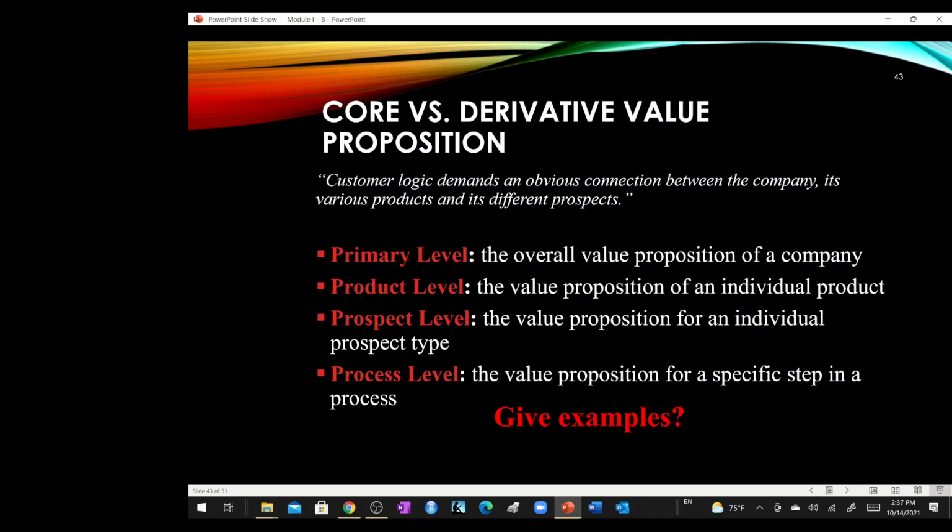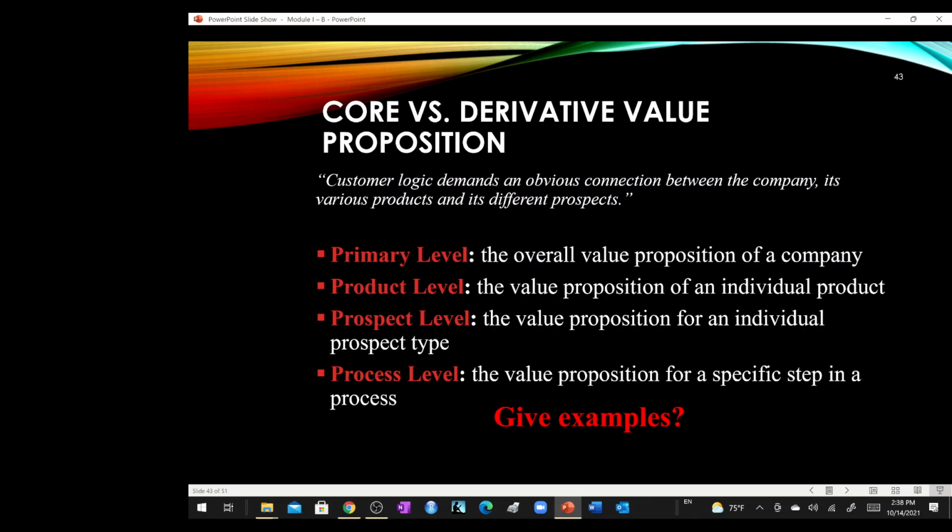I think the process level, you understood, is the value proposition for a specific step in the process and in the design. The primary level is the overall value proposition of a company. The product level is the value proposition of an individual product. The prospect level is the value proposition for an individual prospect type.